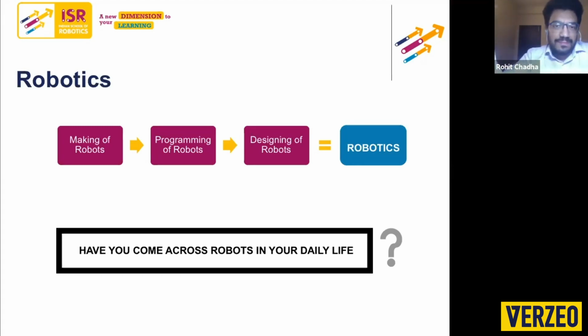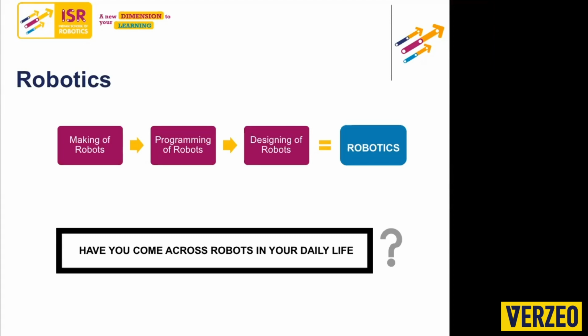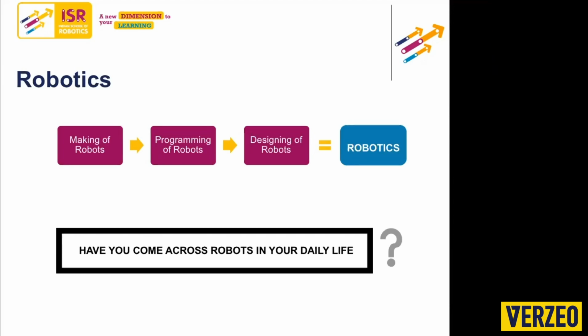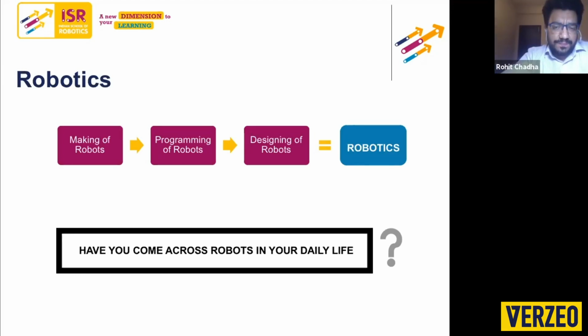It will be tall, 5.5 feet, 6 feet tall. Yes, someone has written Terminator type. Abhishek has written. Great. So that is how they describe. It will be tall, it will be like a human, it will have hands and legs, and they'll be doing work which humans can do. Yes, Sophia. Sophia is one of the bots which we have, right? So this is how everyone describes the robot.